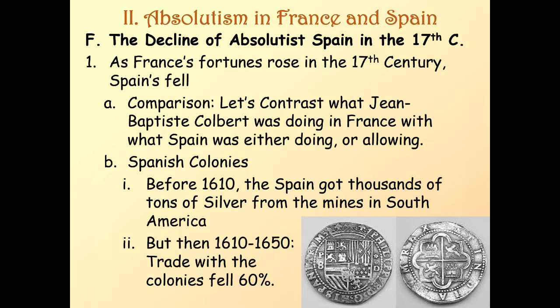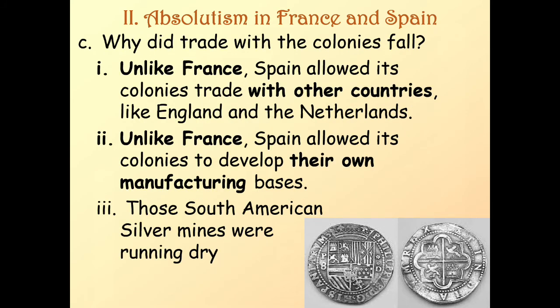Before 1610, Spain got thousands of tons of silver from those mines in South America. But then, from 1610 to 1650, trade with those colonies fell 60%. Why did trade with the colonies fall? Well, several reasons. Unlike France, Spain allowed its colonies to trade with other countries like England and the Netherlands.